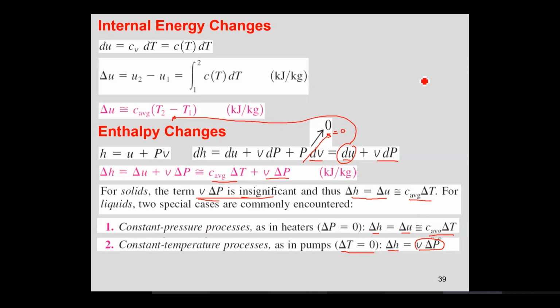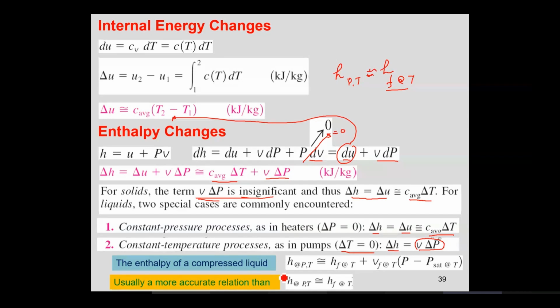Now, if you remember, for compressed liquids, since you're talking about liquids, you said that if the table is not available, you can go for the approximation that a compressed liquid at any pressure and temperature can be approximated as Hf at the saturation temperature, the enthalpy value of the saturated liquid at that temperature. This is the approximation that you have seen earlier.